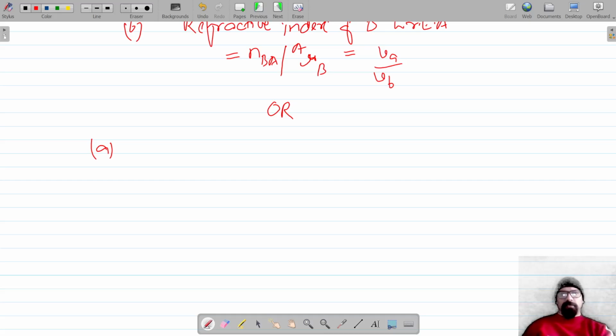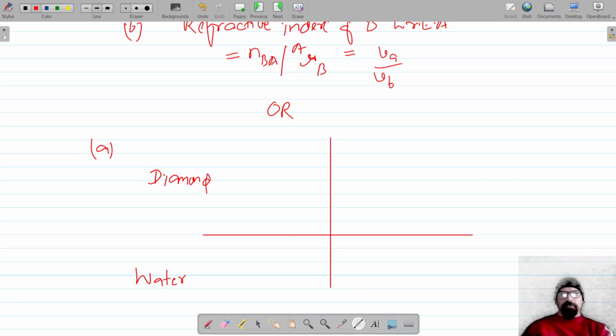So ray of light is going from diamond to water. Let's say this is the surface that is separating the diamond and the water. This medium above is the diamond, and this medium below is the water. Now let's draw a normal to the surface.